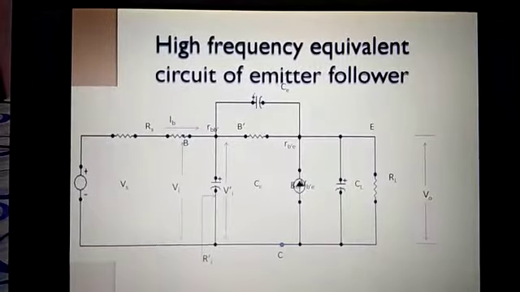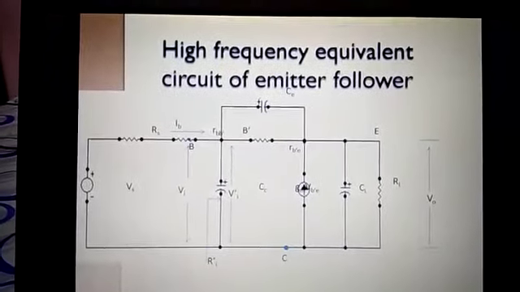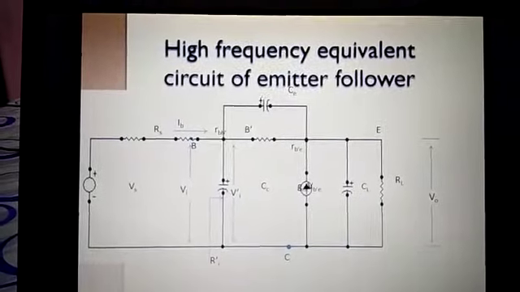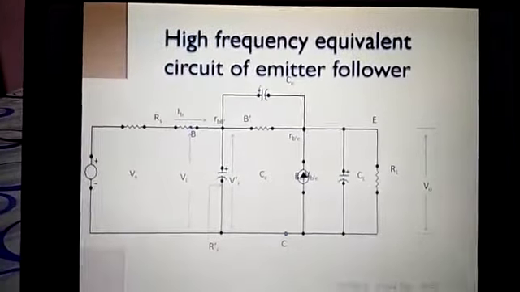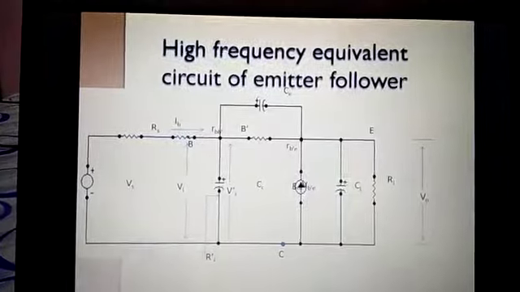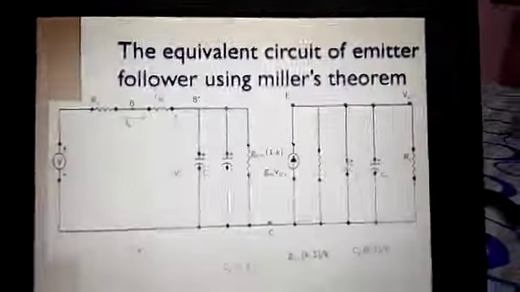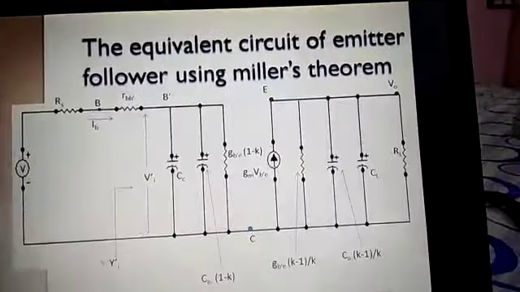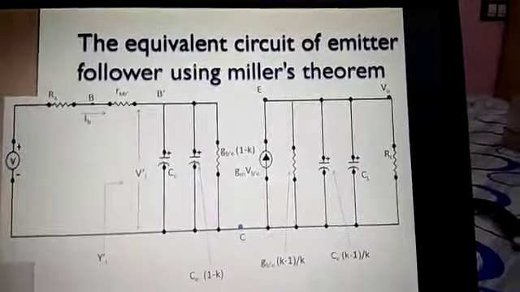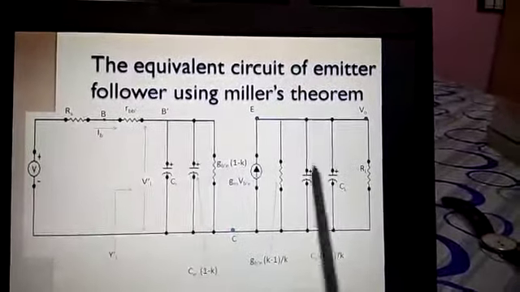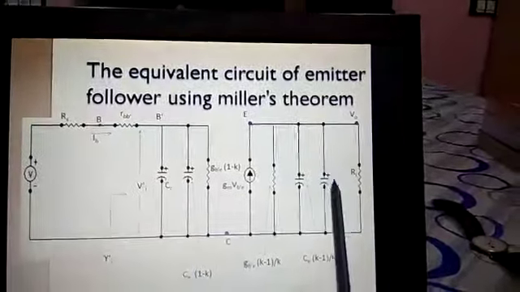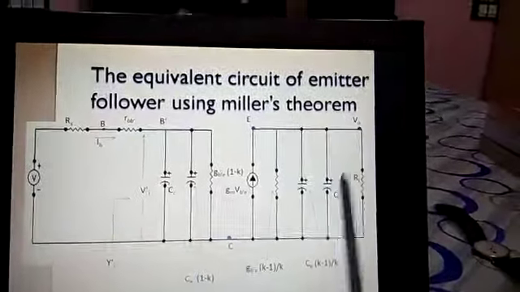This emitter follower can also be used for high frequency analysis, because the emitter follower has a voltage gain of unity, but the input impedance is high, and the output impedance is also a good output impedance. For the equivalent circuit for the emitter follower using Miller's theorem, in a similar way, between input and output you have to disconnect the resistance, and the Miller effect will be connected at the input side and at the load side also, and you have to draw this Miller equivalent circuit using Miller's theorem.